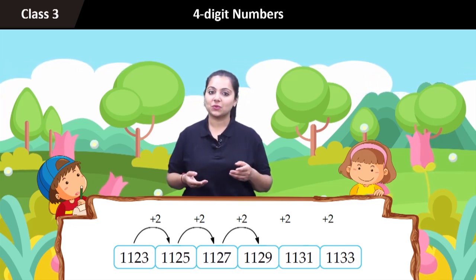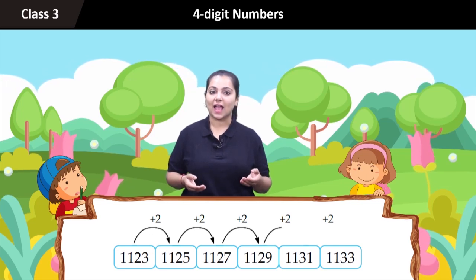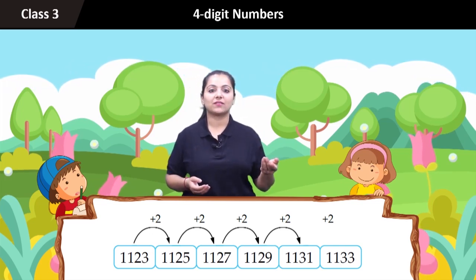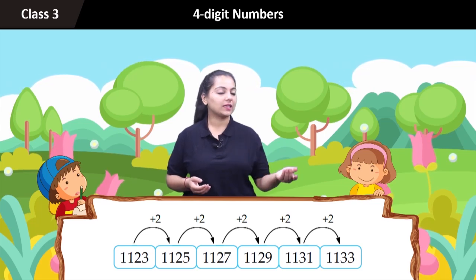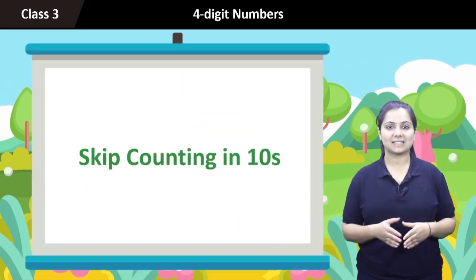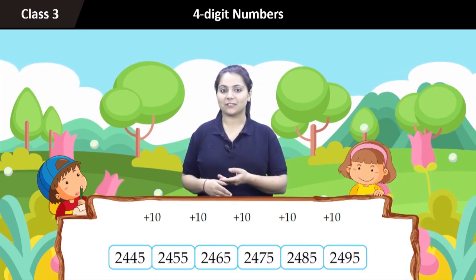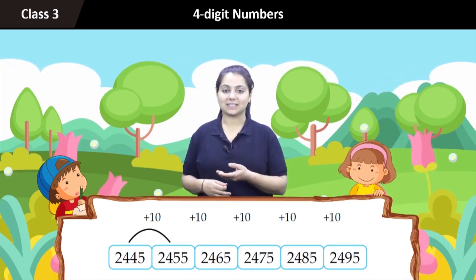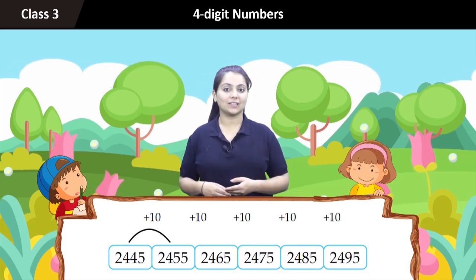Again add 2, 1129. Again add 2, 1131. Again add 2, 1133. Skip counting in tens. The number here is 2445. Let's add 10 to it. The number will be 2455.